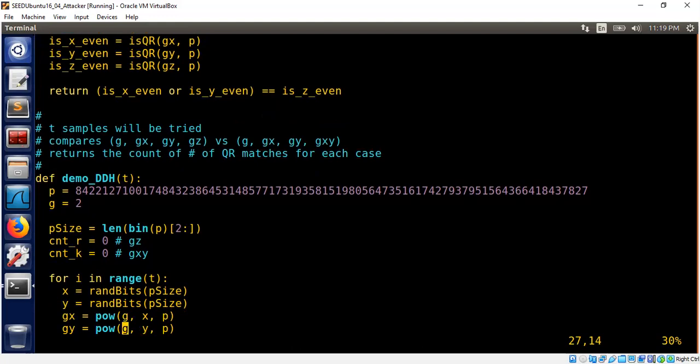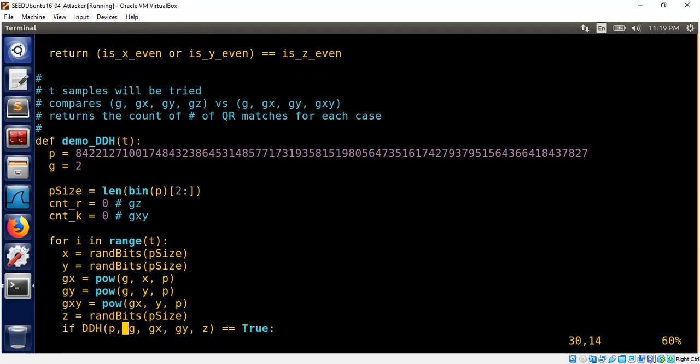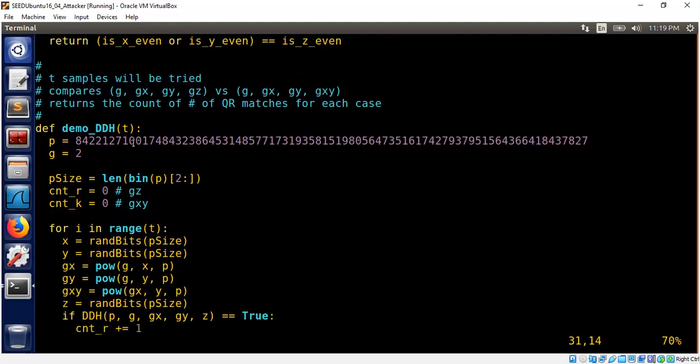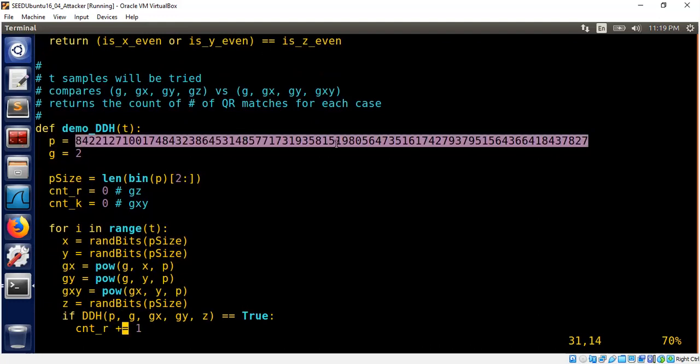Now I will show you how I am going to do this demo. I'm going to run this demo on T samples, where T is an input. I'm going to fix a small group just for demonstration purposes. Usually you should be working with a large group, but for this demo, it's enough to work with a small group.